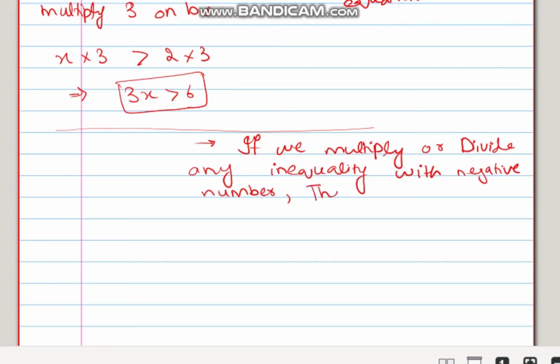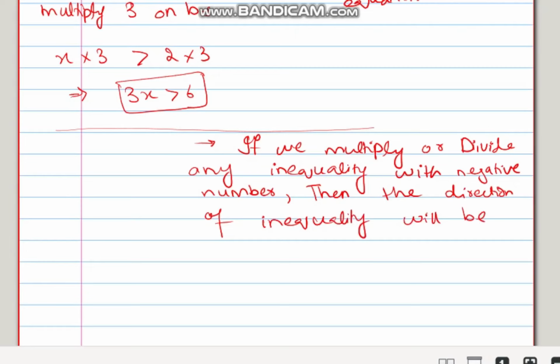Please note my point. Let me write direction, because it is good to write direction. Then the direction of the inequality will change.